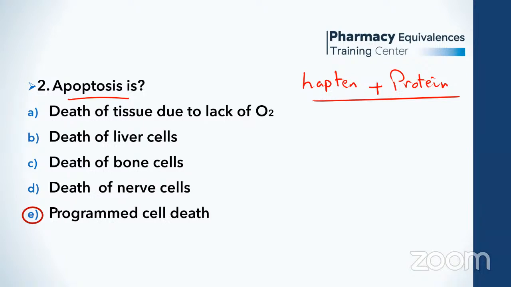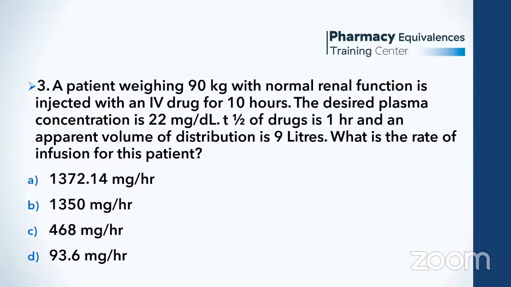Let us see the next. Here, a calculation problem. A patient weighing 90 kilograms with normal renal function is injected with an intravenous drug for 10 hours. The desired plasma concentration is 22 milligram per deciliter.